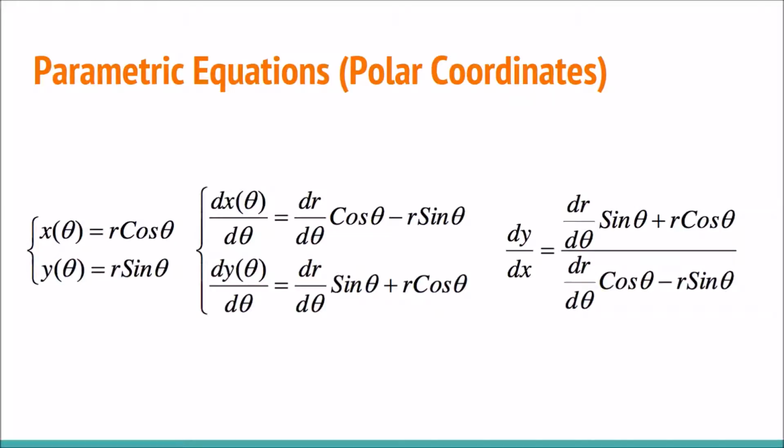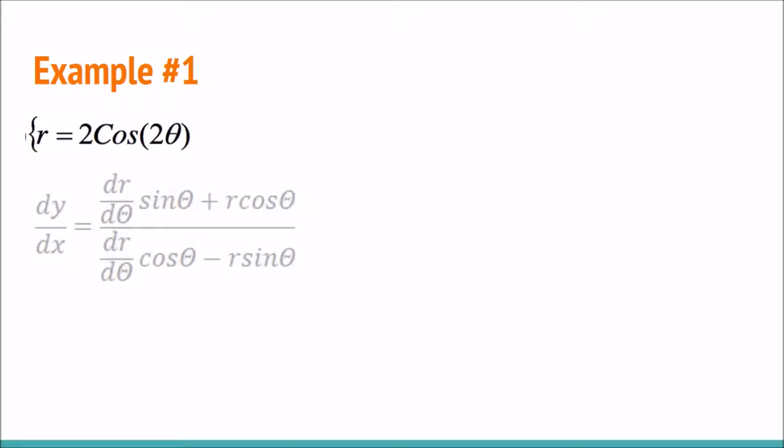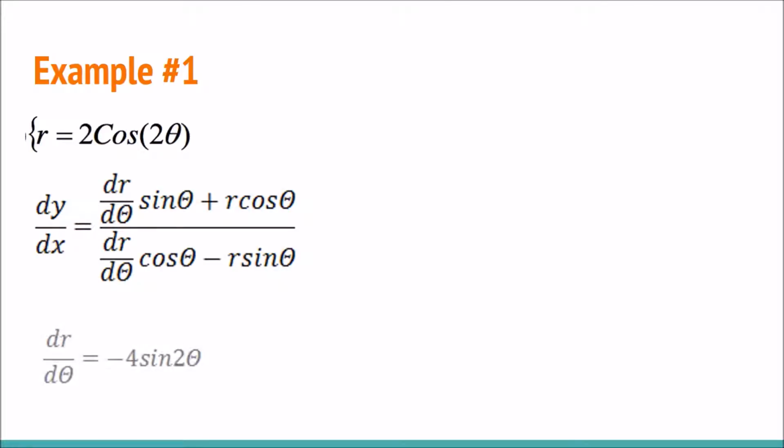Example 1 uses a polar equation of r equaling 2 times the cosine of 2 theta. We take d of r with respect to d of theta, which gives us negative 4 times sine of 2 theta.